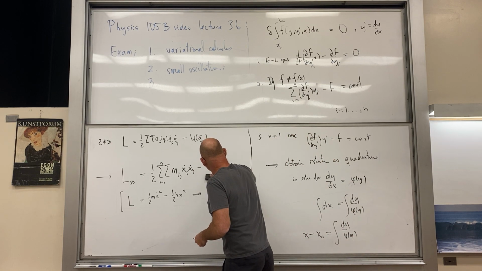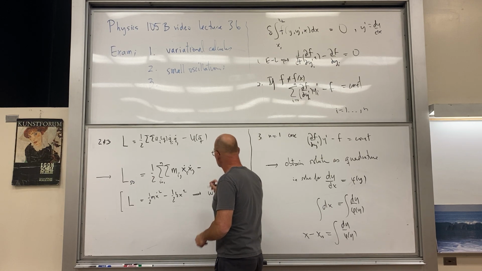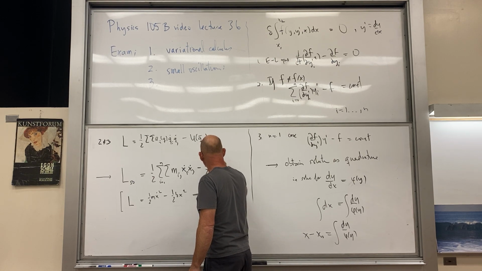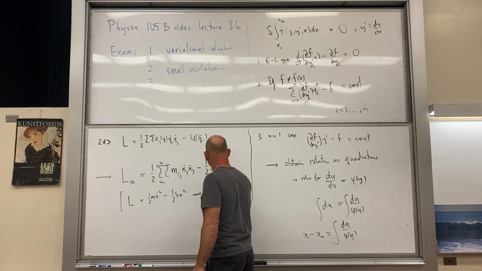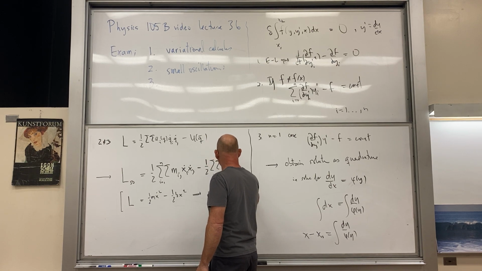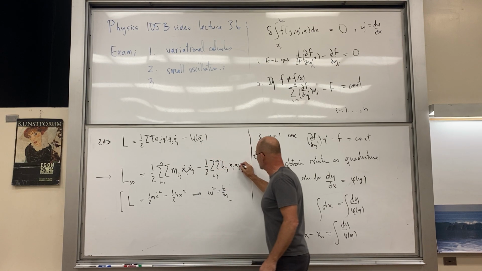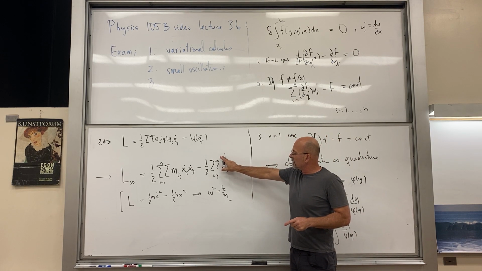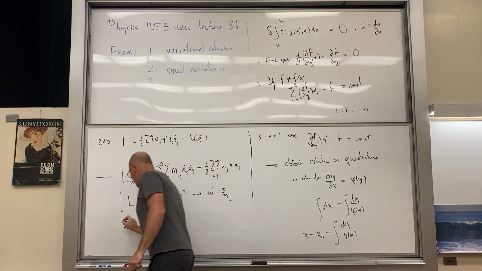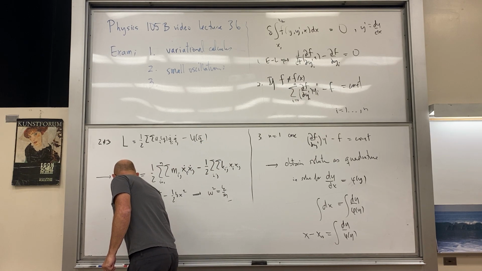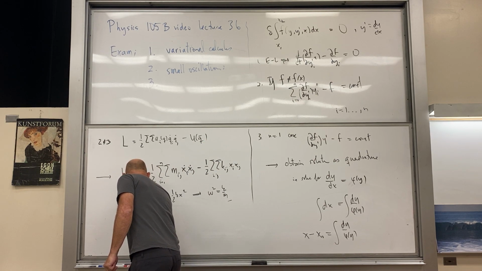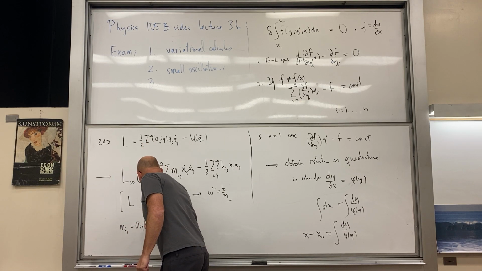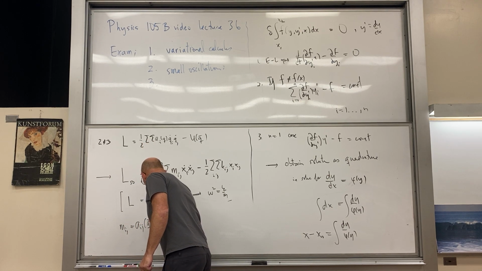This could be written a little cleaner, as a sum over ij of xi xj. So what about these symbols right here? The mij are these original ones here, evaluated at the equilibrium point.